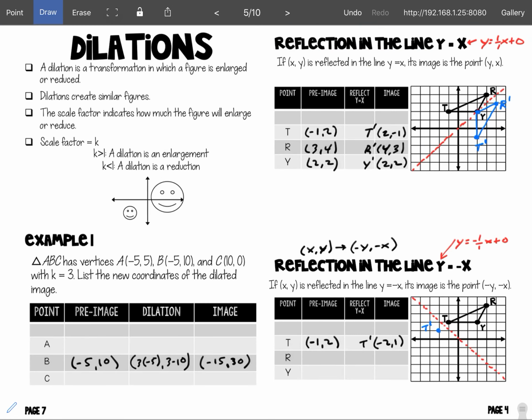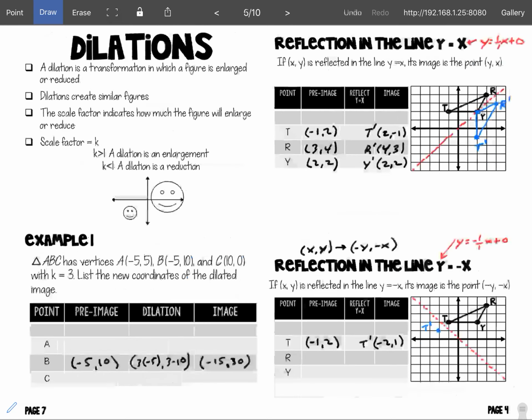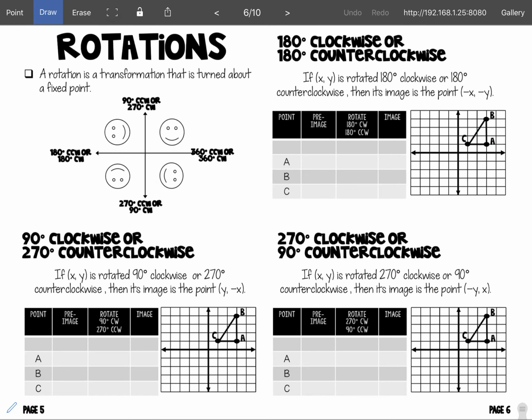Let's see if I can get rotations up here. Because if I get you to the rotations, I think it'll be okay. Let's see if there's just a delay.